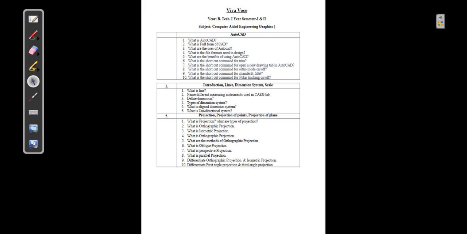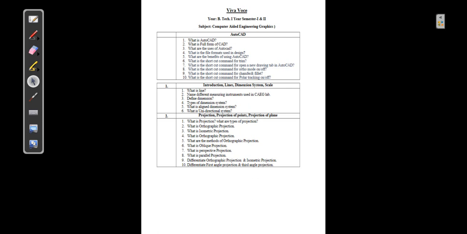The first question can be: define what is AutoCAD, or what is the full form of CAD. You can simply say it's a computer aided design software that is used to create 2D diagrams and 3D designs.